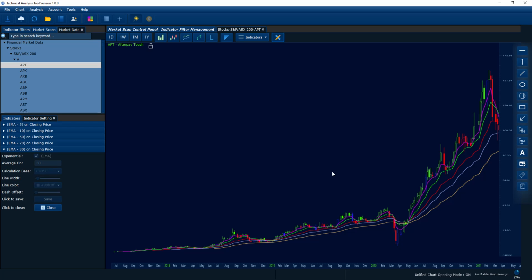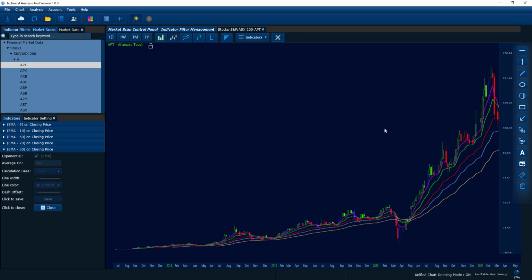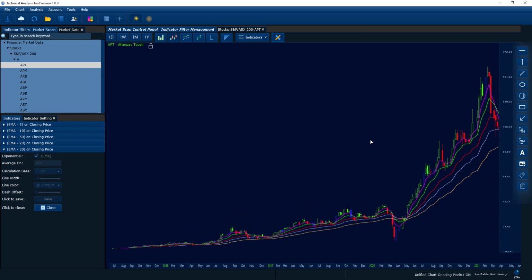Sometimes you really want to see the moving averages clustering close to each other, and this stage is maintained for quite some time. I want to configure this period of time.